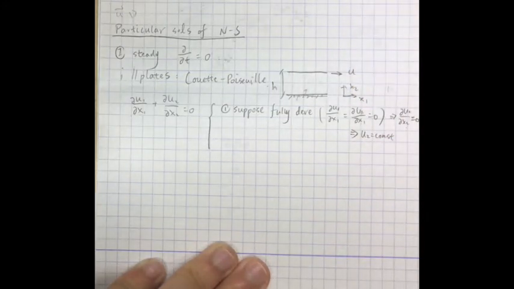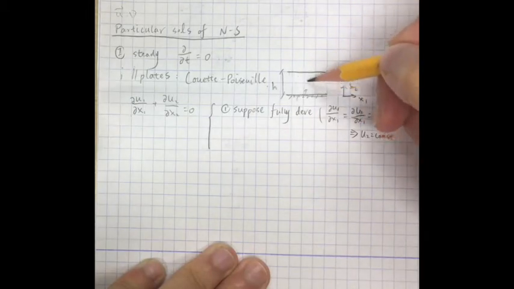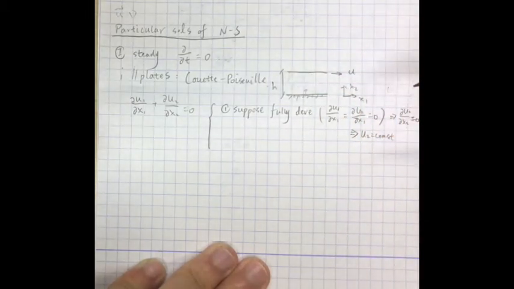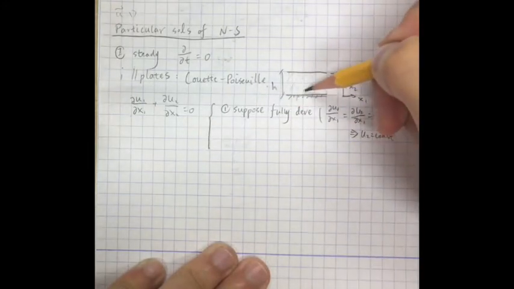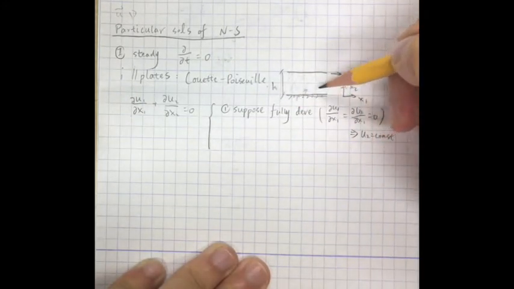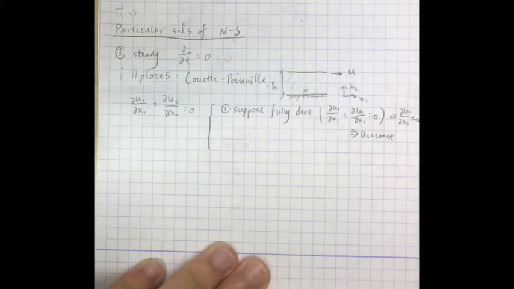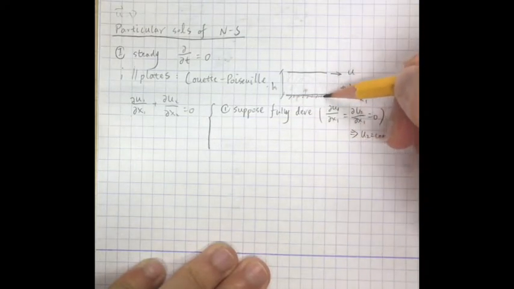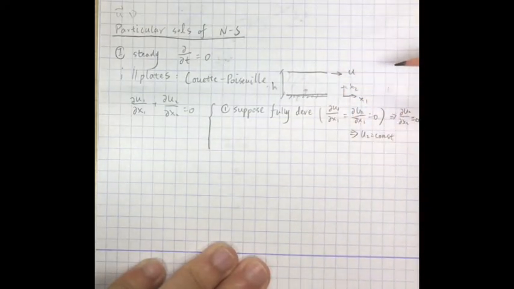Also, we cannot have u2 upwards. Why? Because here in the middle is full of fluids, right? If there is a u2 upwards, then here will be vacuum. So either of the cases we cannot allow, which means the u2 near the boundary, when x2 equals 0, u2 equals 0.